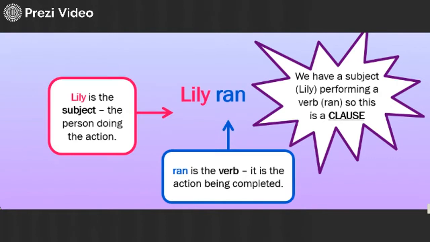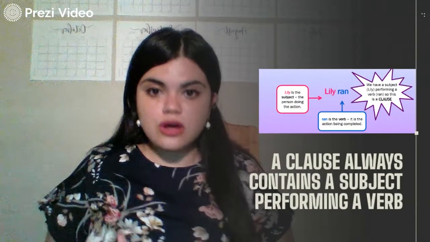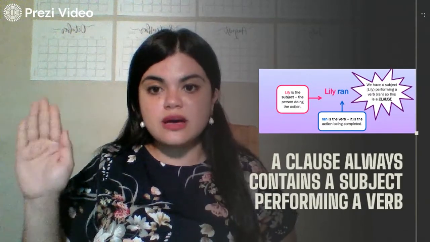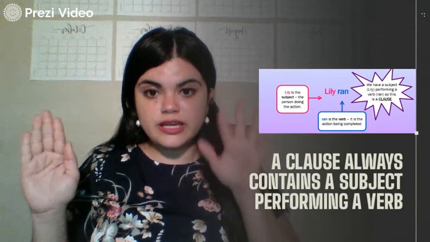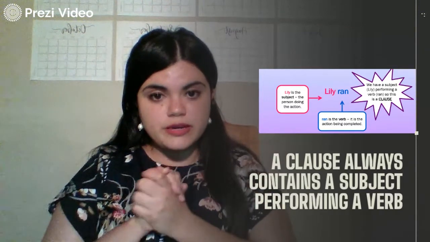We have a subject, which is Lily, performing a verb, which is ran. So this is a clause. Let's remember that a clause needs a subject and a predicate or a verb to be a clause.